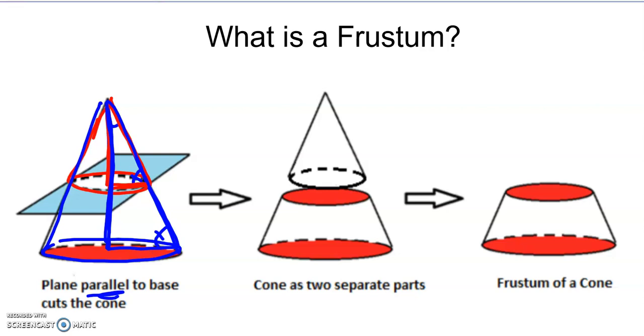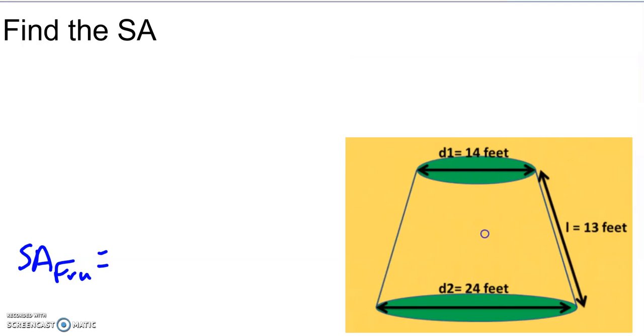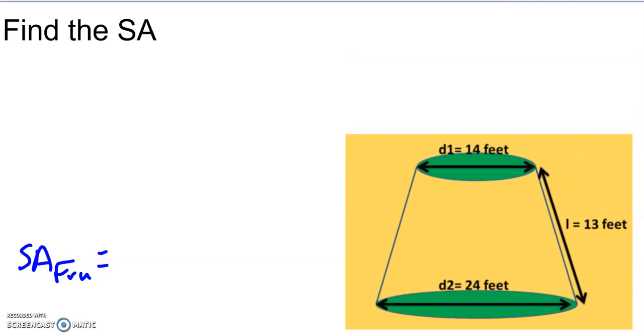Let's try our first problem. Here's a frustum. The first thing we're going to do is find the surface area. Let me move this picture down a little bit. Remember, we can extend this up to form our two cones: the smaller cone on top and the larger one.